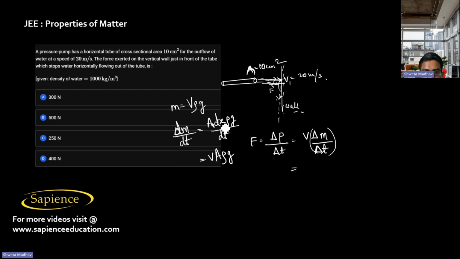Since dx by dt is velocity, speed, so this I can say V into VA rho g.